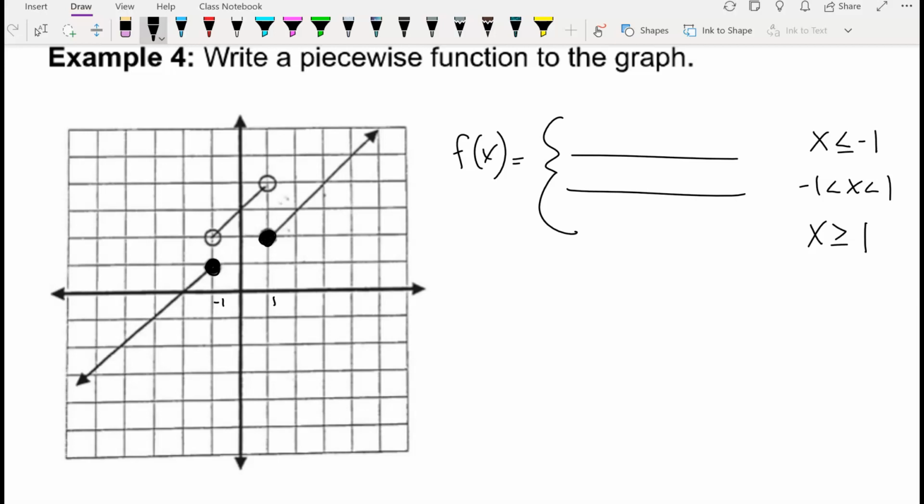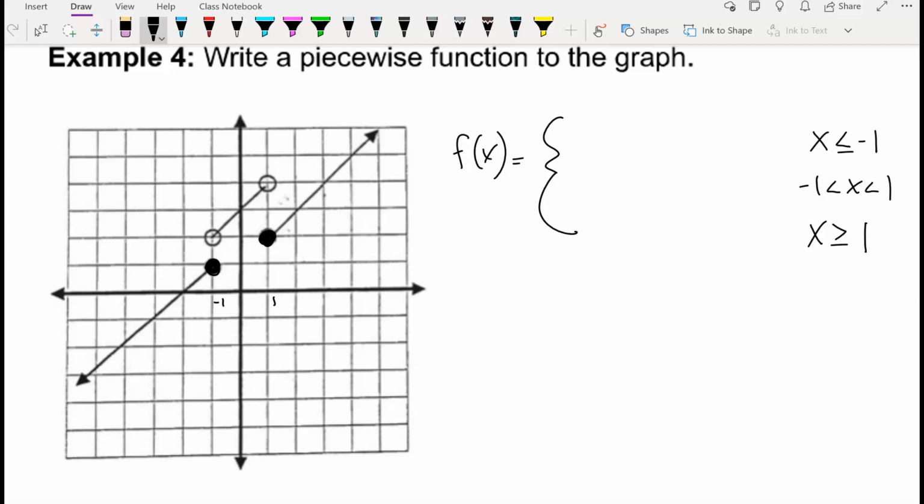All right, then we do our lines. So this one, it looks like we went over 1 and up 1. Or actually, this would be up 2. Because if we kept going, it would hit at 2.